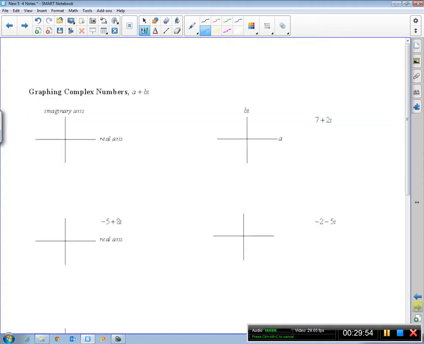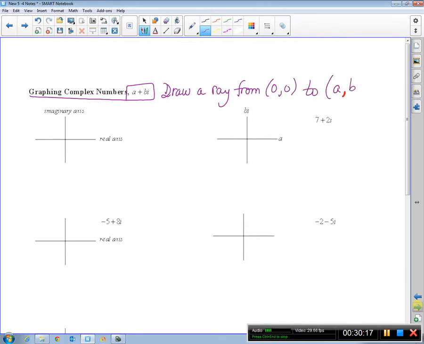Okay, last part's real easy. Anytime we want to graph complex numbers, so anything like a plus bi, you simply draw a ray from the origin, which is 0, 0, to (a, b). And (a, b) comes from the real part and the imaginary part.